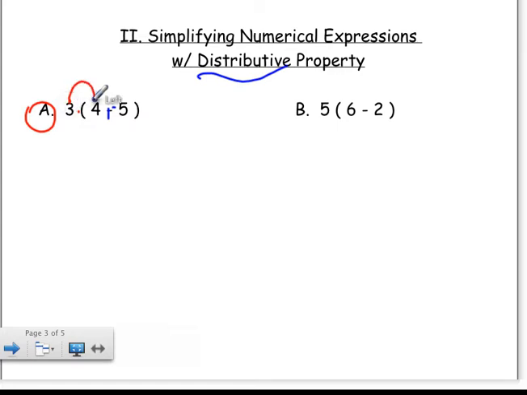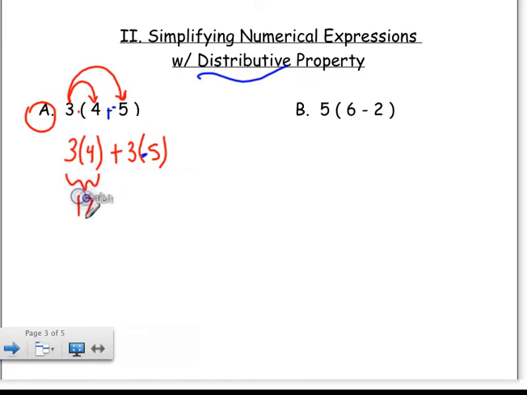So I'll do 3 times 4 plus 3 times 5. And actually, my mistake, it should be 3 times negative 5, since that number is a negative 5. If I do that, 3 times 4 equals 12, plus 3 times negative 5. 3 times 5 is 15, 3 times negative 5 is negative 15. If I add those numbers together, the sum is negative 3.